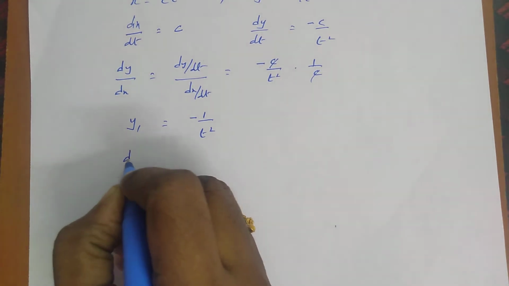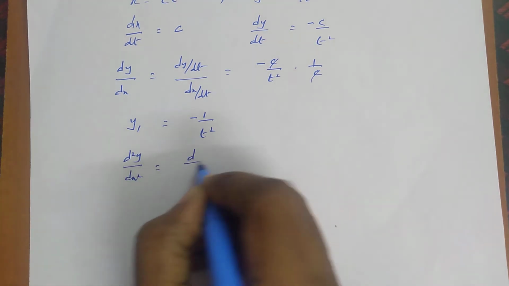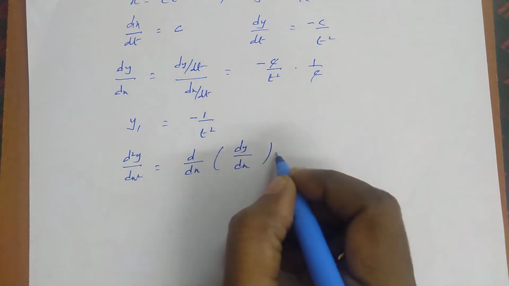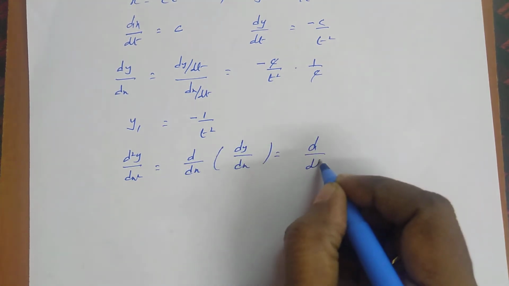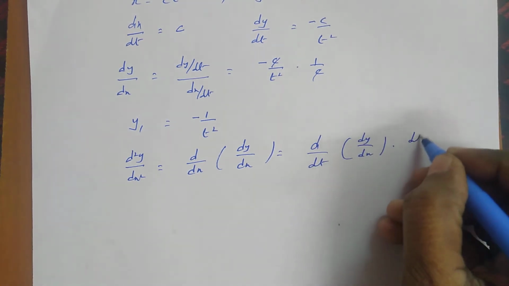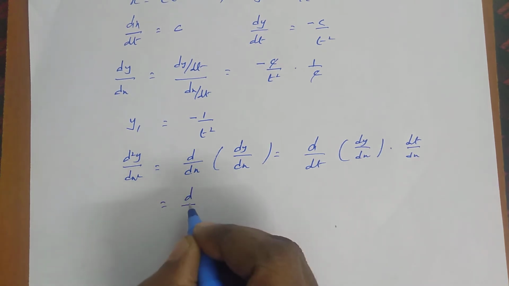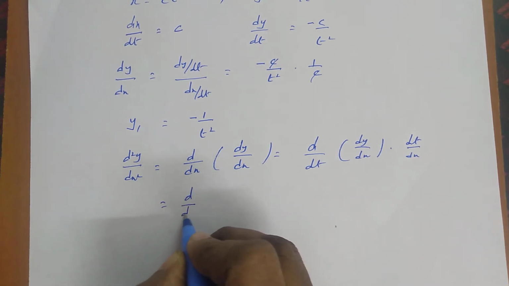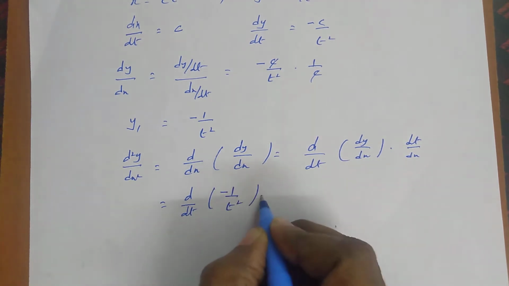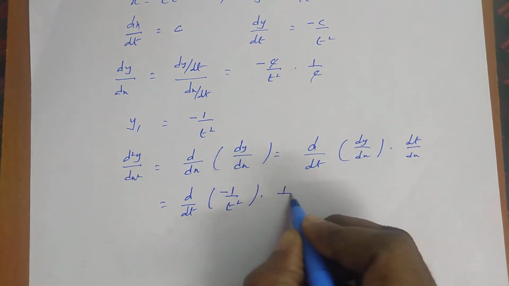Now our second derivative. Second derivative is d square y by dx square, that is nothing but d by dx of dy by dx, that is equal to d by dt of dy by dx into dt by dx. dy by dx is minus 1 by t square into dt by dx, the reciprocal of dx by dt, which is 1 by c.